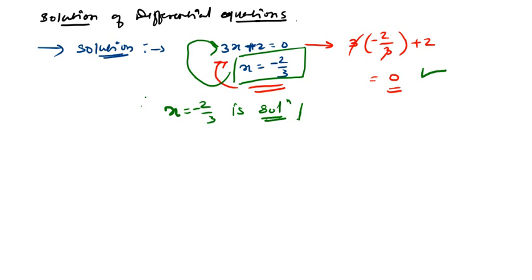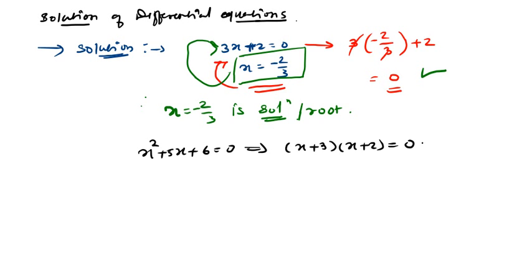It is also called the root of the equation. Suppose we take one more example, like x square plus 5x plus 6 equal to 0. I took a degree 2 equation. We can simplify this as (x plus 3)(x plus 2) is equal to 0. So we get the values of x, that is minus 3 and minus 2.